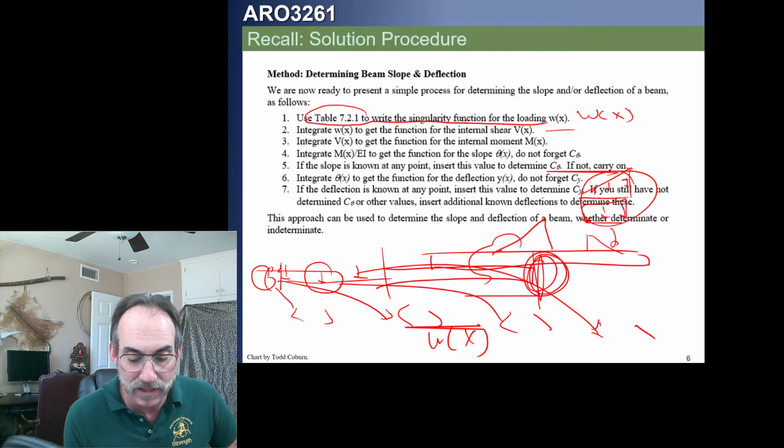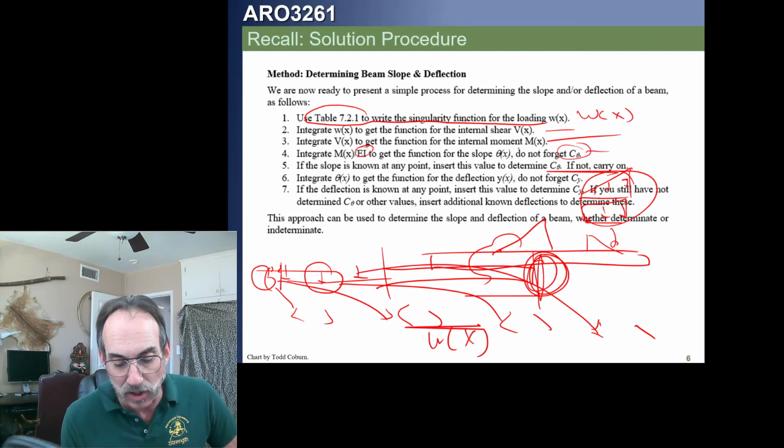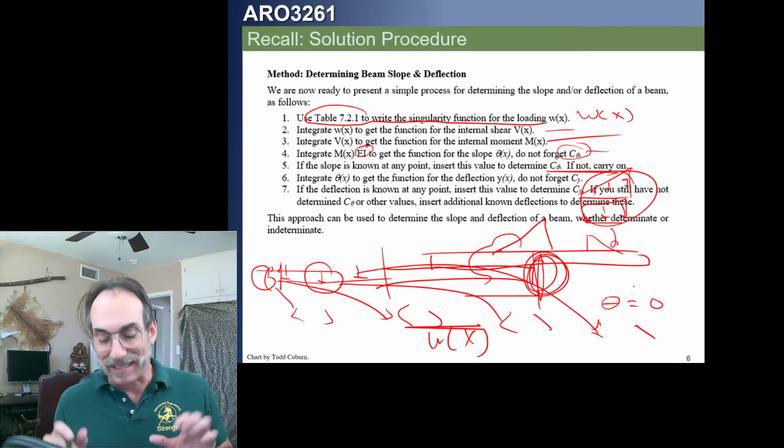We integrate once to get the shear. We integrate again to get the moment. We integrate again and divide by EI to get the slope, not forgetting our coefficient of integration. If we have any slope constraints, we'll impose those then. That makes it a little easier.